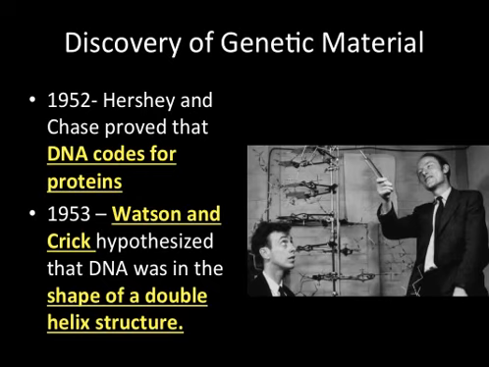So Watson and Crick are very, very famous for their discovery in 1953. This discovery, which occurred in England, wasn't just found on their own. They had help from many other scientists, but they do get most of the credit. All right, and this double helix structure is what we know today as the DNA molecule.